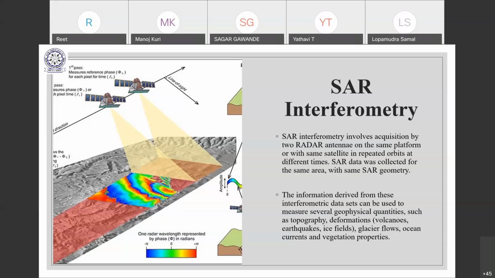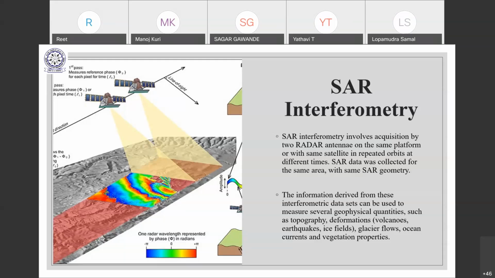Similarly, in interferometry, acquisitions from the same radar at different times, or different acquisitions from different satellites, are used together to find out the elevation or any deformation information, or you can collect geometric information of the ground like topography, deformation due to volcanoes, earthquakes, ice fields, glacier flows, ocean currents and vegetation property. So here we use multiple data, not a single data.